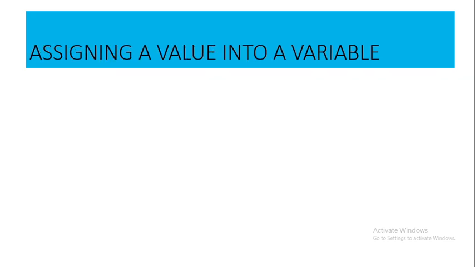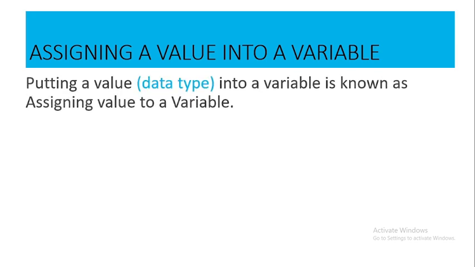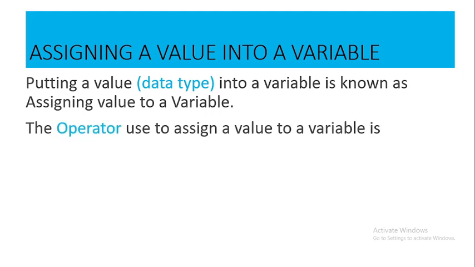Let's look at assigning a value to a variable. After creating a variable, we need to put a value into that particular variable. So putting a value into a variable is what is termed as assigning a value to a variable. The operator used to assign a value to a variable is the equal sign.